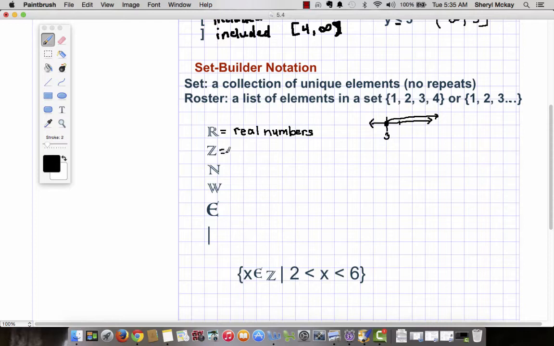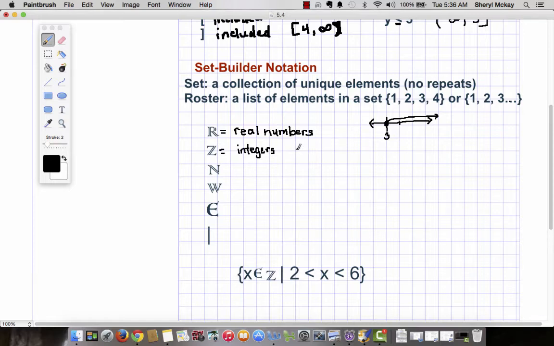Z stands for the integers. Now, I'm not sure why they picked the letter Z, except that I believe the I represents irrational numbers, and that's why. But Z represents the integers, and integers are all of the positive and negative numbers that are not fractions or decimals.